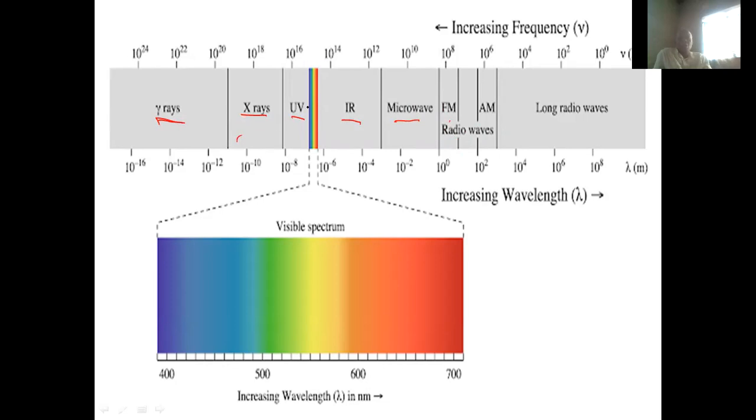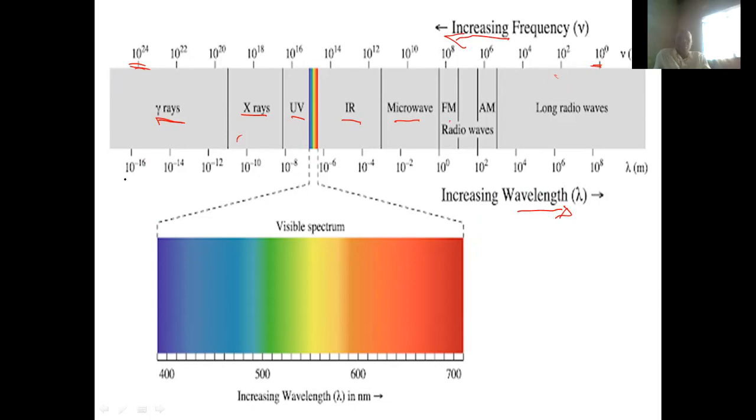What's to note here is that the frequency increases in this direction, as you can see. You notice that gamma rays have very high frequency compared to radio waves. Similarly, down here you notice that the wavelength increases in this manner.